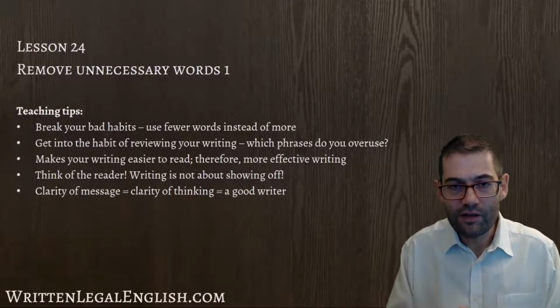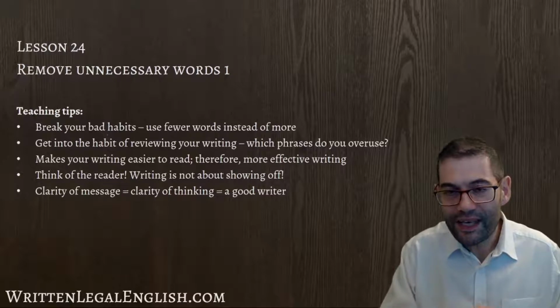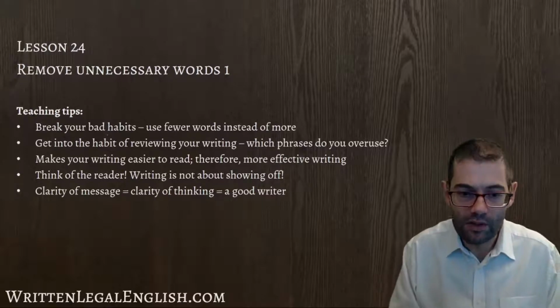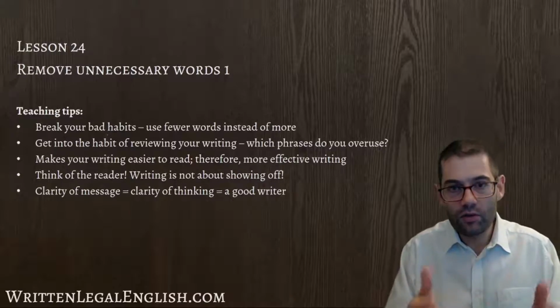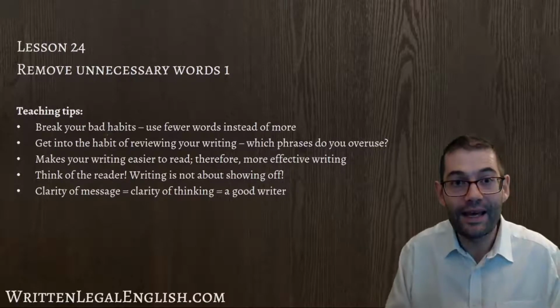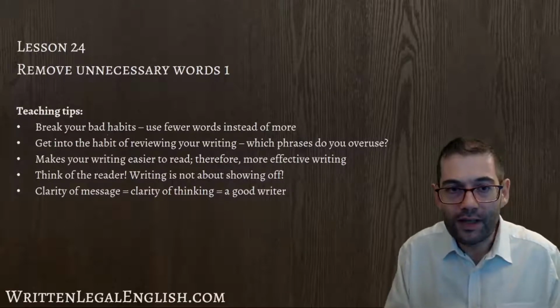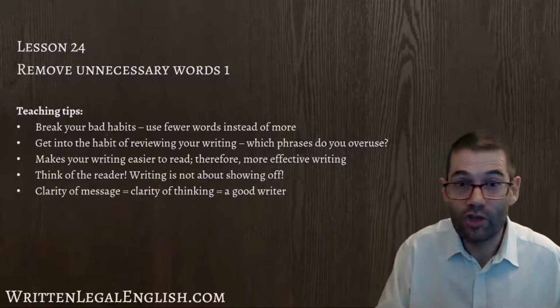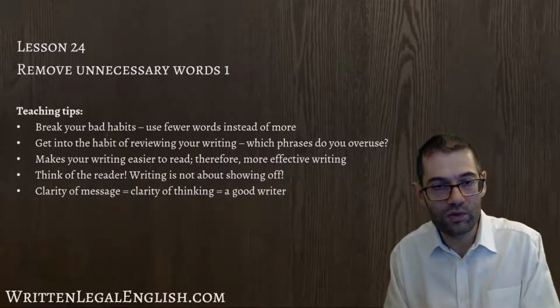Now, in previous videos, I've said, make a list of things that you're doing wrong, your bad writing habits, put them on the side of your monitor or somewhere where you can see them around your computer. And after you do some writing, quickly look at that list of bad habits, then have a look at your writing, go through it and make the changes, and then you are in the process of improving your text.